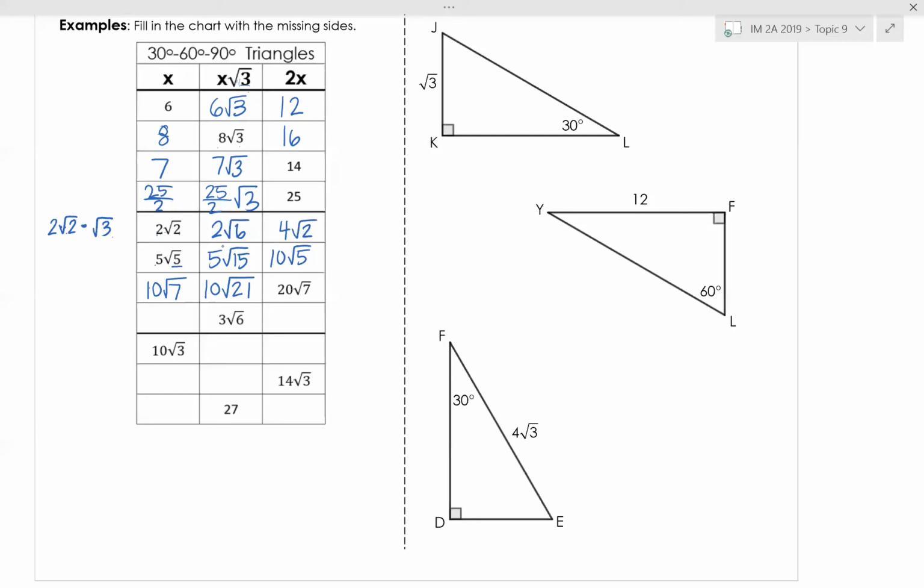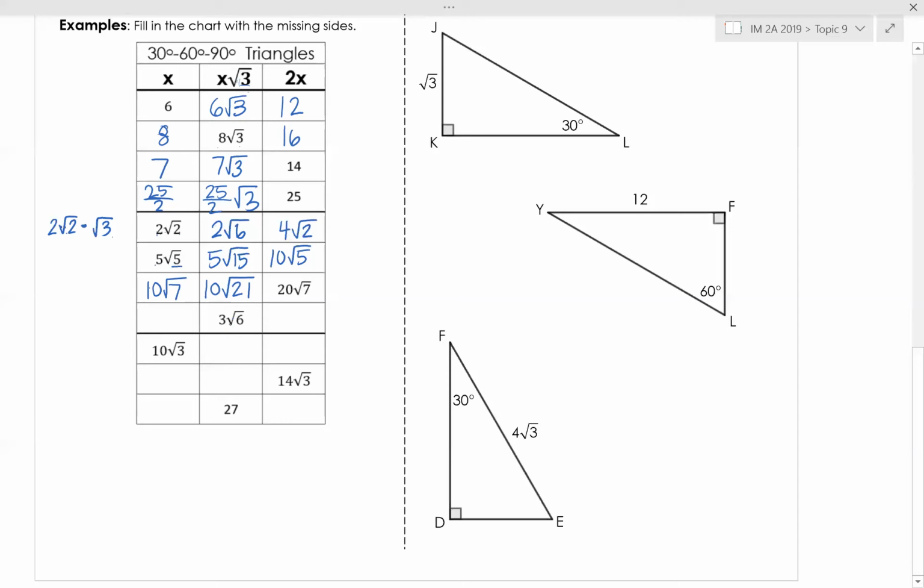In the last one, we have the x radical 3 given to us. So remember that if I was going from the short leg to the long leg, I multiplied the radical part by 3 to get that value. In this case, I'm going to divide by 3.